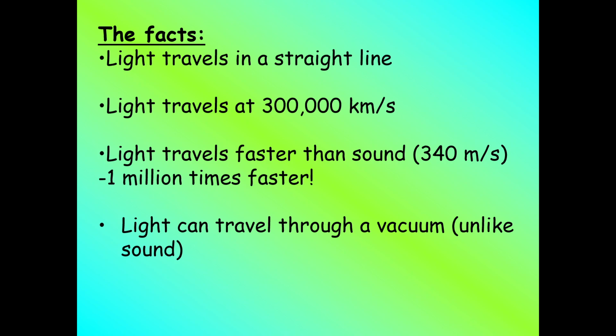And that's important because that is why, for example, the light from the sun is able to make it to us, because from the sun to the earth there is nothing but empty space. And that doesn't matter because the light still manages to make it to us here on Earth. So light can travel through a vacuum. A vacuum is just empty space.